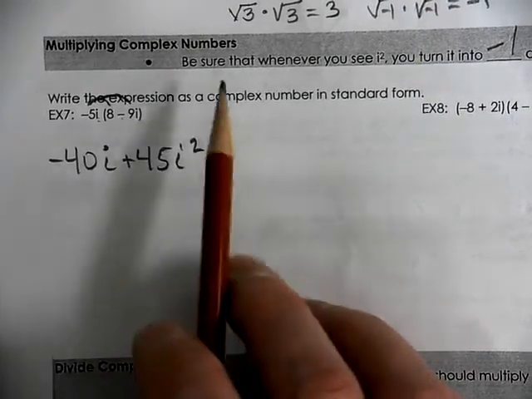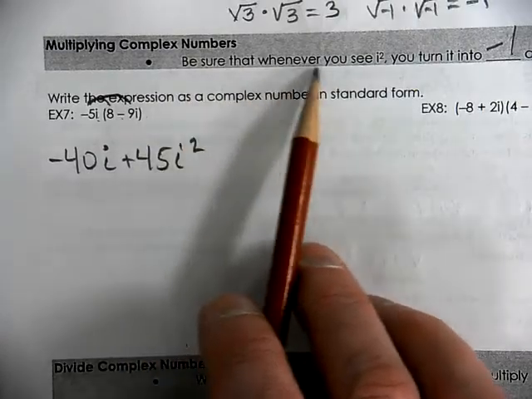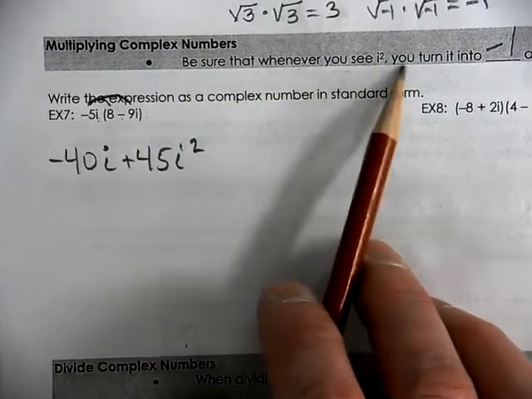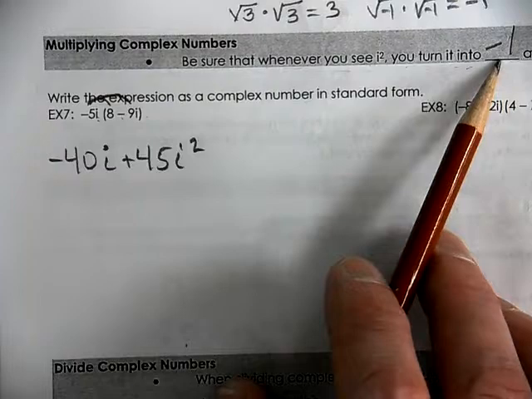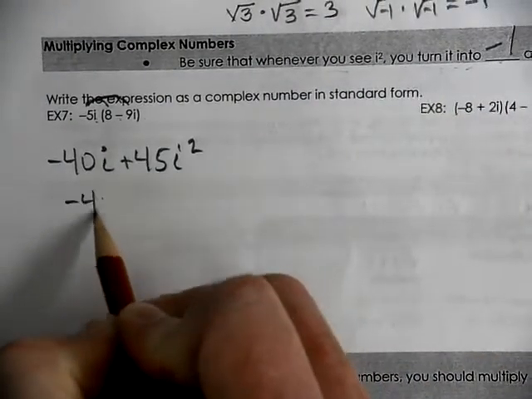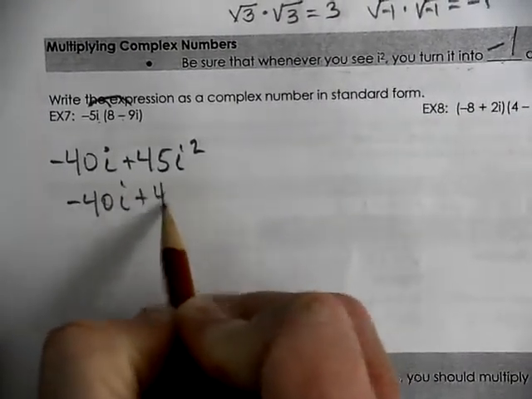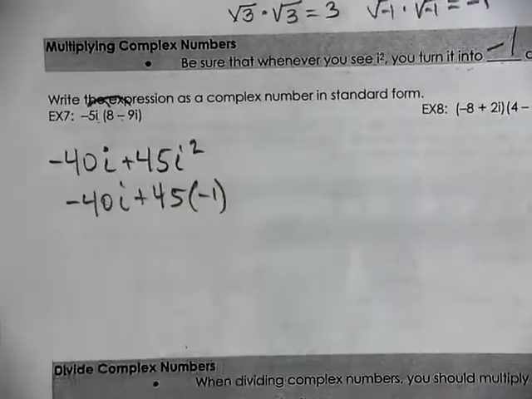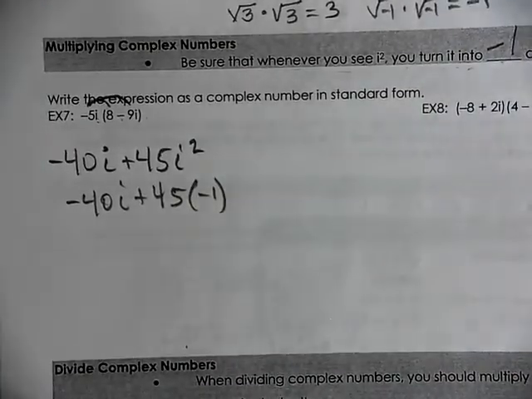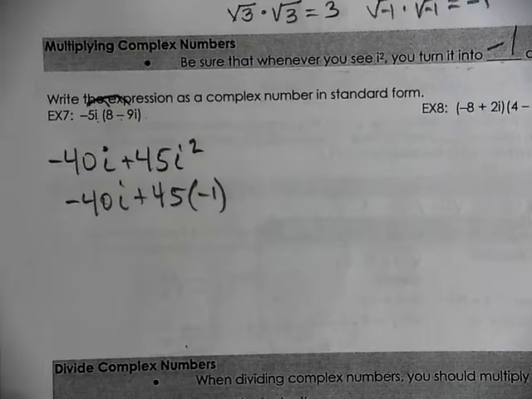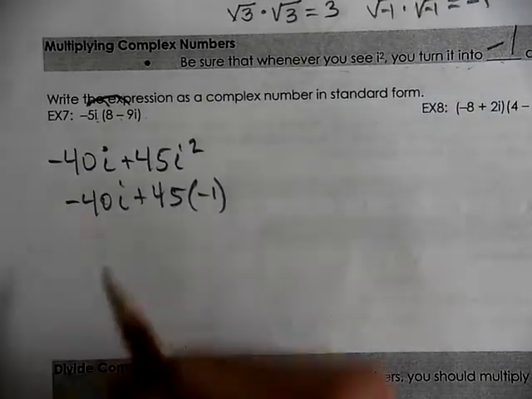And now we know what i squared is. Be sure that when you see i squared, you turn it into -1. So i squared is -1. You just replace the i squared with the -1.